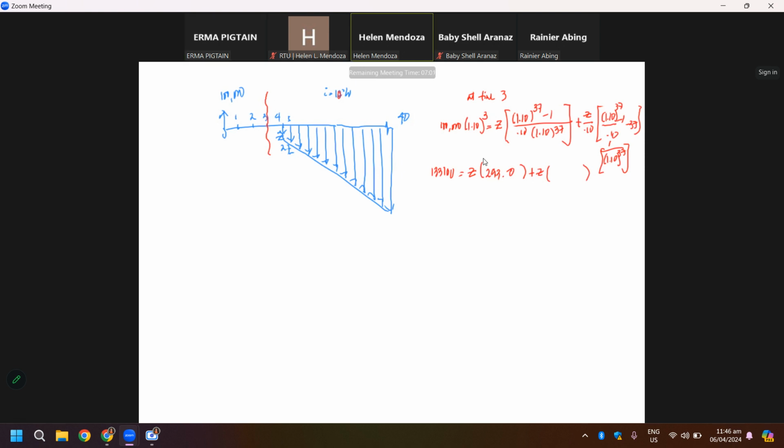Then, 0.10 times 1.10 raised to 37. 3.4. 23 divided by 3.4. 9.71 eh.